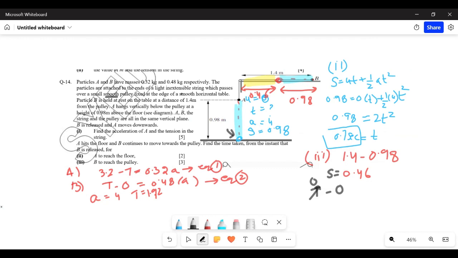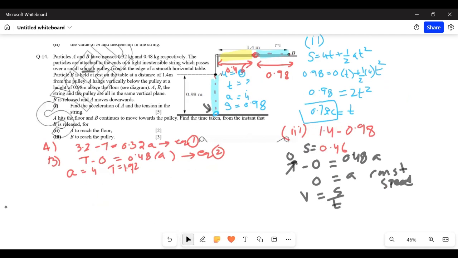So forward force minus backward force is equal to M, which is 0.48, times A. So A is equal to 0. That means constant speed. So now you don't have to use the equations of motion. You have just one equation, speed is equal to distance over time. V is equal to S over T, or S is equal to VT.